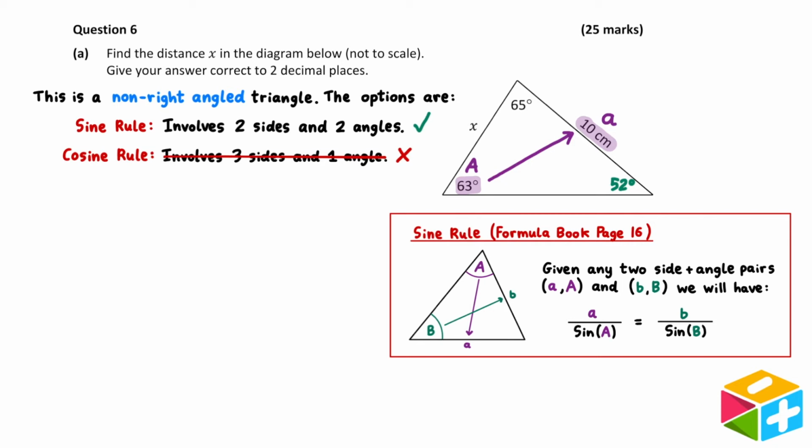I'll label these with capital A and lowercase a. For the second side angle pair, I'll take the 52-degree angle and the side labelled x opposite this. I'll label the angle with capital B and the side with lowercase b. We are now ready to sub in to the sine rule.